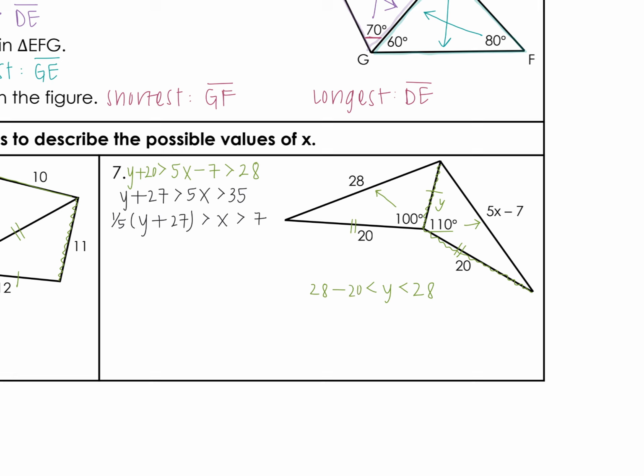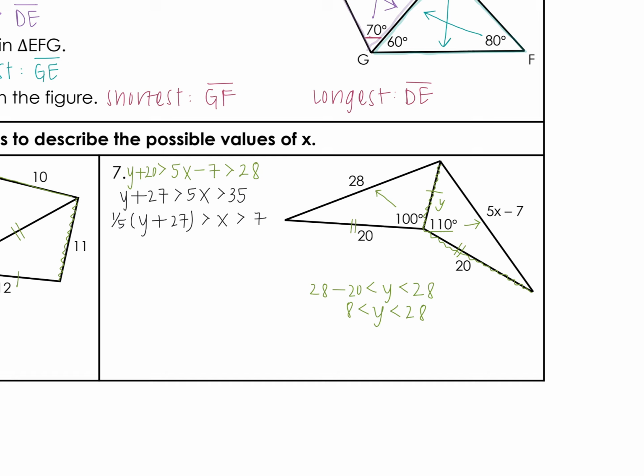Okay, so that 28 minus 20 tells me that this side here, my y, has to be greater than 8, but less than that 28. Okay, because think about it. 20 plus 8 gives me 28. That means it's no longer a triangle because it's not going to be greater than that third side. But, you know, we're saying it just has to be greater than 8, which could give you that 8.1. So 20 plus 8.1 will give me 28.1, which, yes, is greater than the 28 that we need it to be.